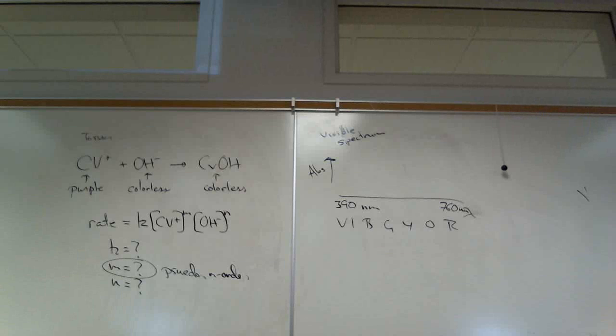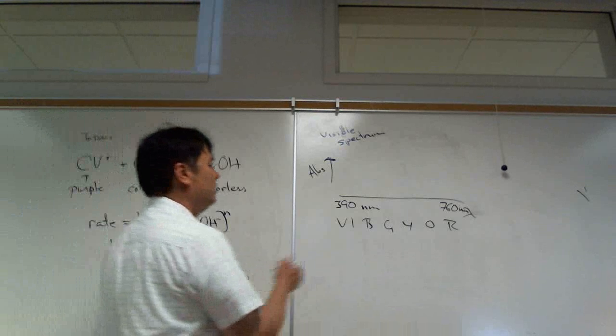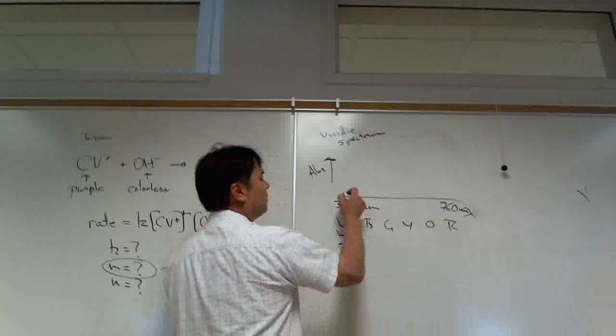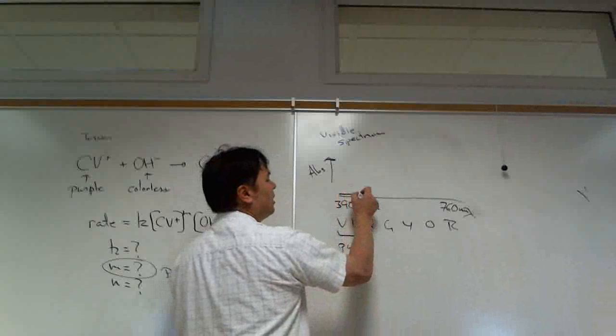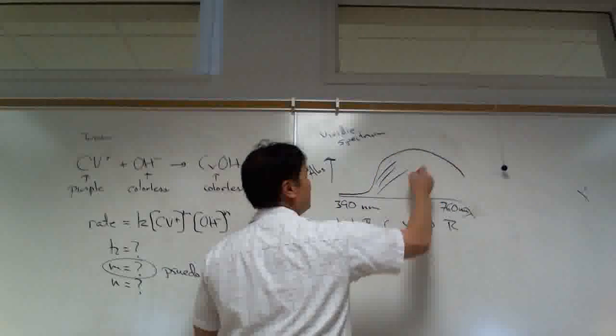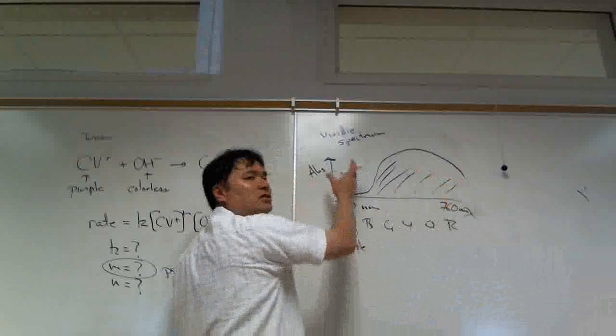So, if something looks purple, why does it look purple? Okay, maybe it reflects purple, or it doesn't absorb purple. If it doesn't absorb purple, we'll call indigo violet purple. How about that? Indigo violet purple. And so the absorption spectrum might look like this, where it absorbs all the other colors except for purple, and it lets purple pass through.